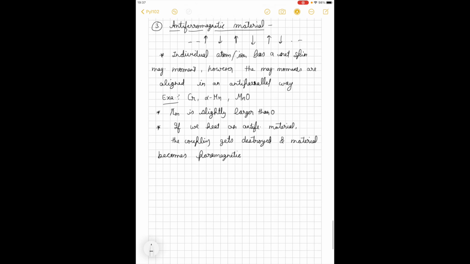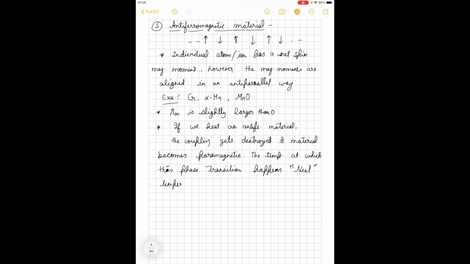And the temperature at which this phase transition happens is called the Néel temperature.